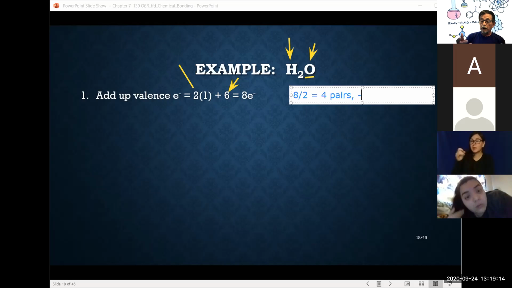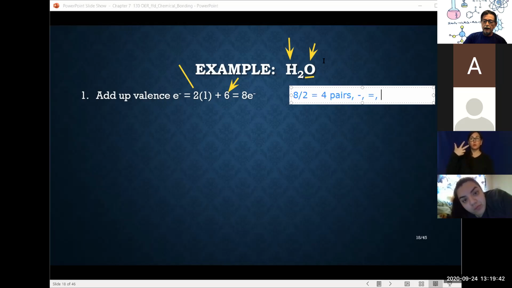And if I need a double bond, I draw 2 lines, which I represent here by the equal sign. Okay, that's a double bond. Each line represents 2 electrons. So I have a total of 4 electrons in the double bond. I don't have a triple bond here, but you can see 3 lines, 1, 2, 3, to represent a triple bond.